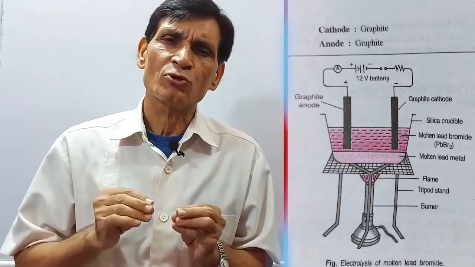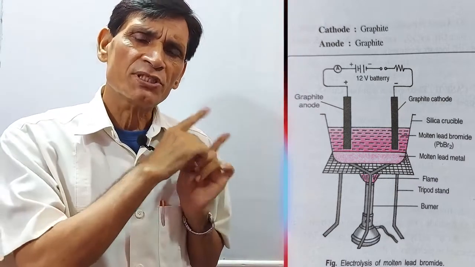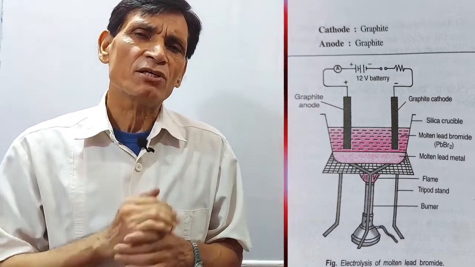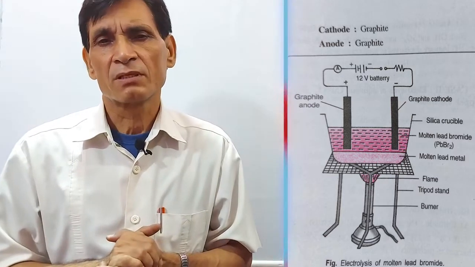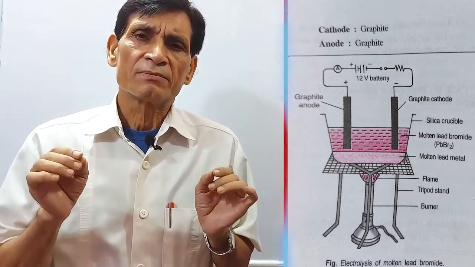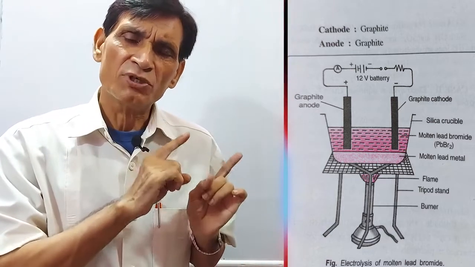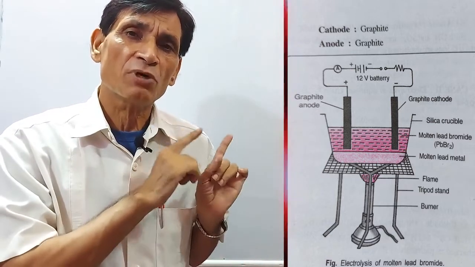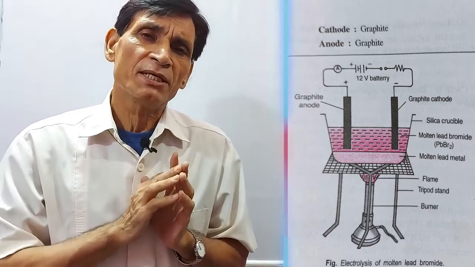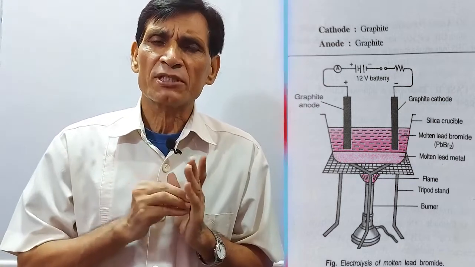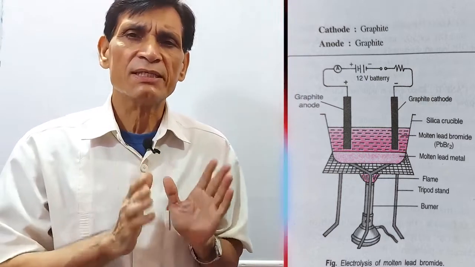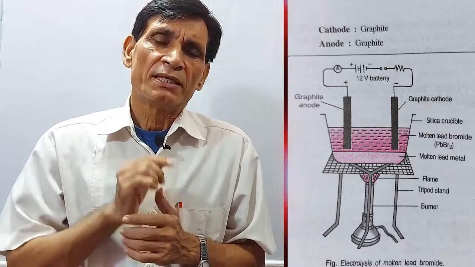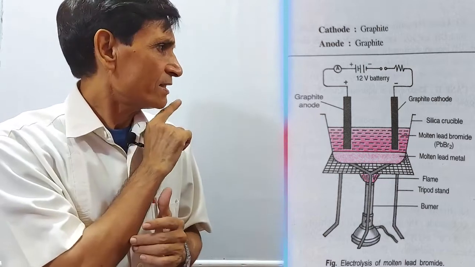This graphite electrode, which is connected to the positive terminal of the battery or direct current source, is called anode. Graphite is preferred to other inert electrodes like platinum because the product, bromine vapor formed at the anode, does not react with graphite. B, that is cathode.